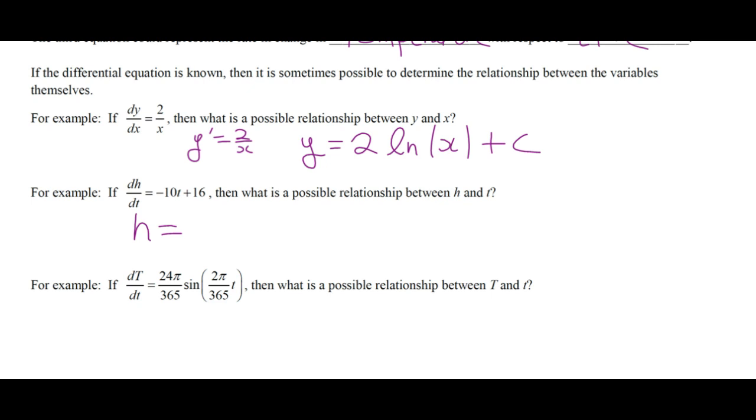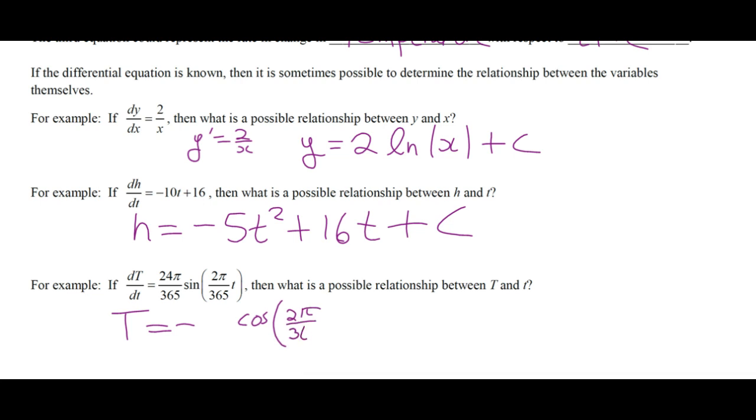Negative 5t squared plus 16t plus c. And if dT/dt is 24 pi over 365 sine of 2 pi over 365 t, what's T? Negative cos of 2 pi over 365 t.